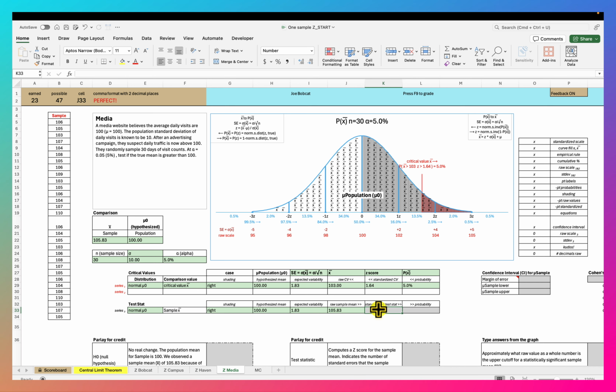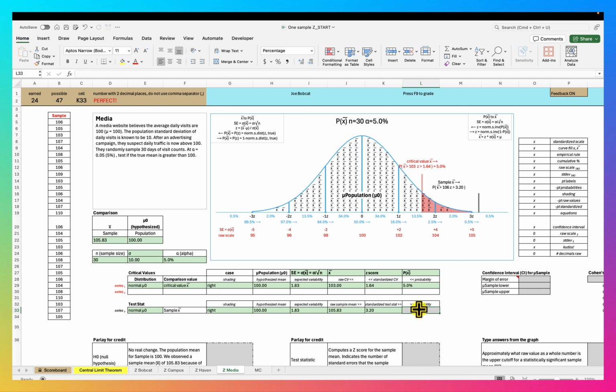The test stat from that is going to be equal to that number minus the hypothesized mean divided by standard error. Oops, I did it wrong. Let's see, x bar minus mu divided by the expected. Oh, I think I have an extra equal sign in there. That's why. There.